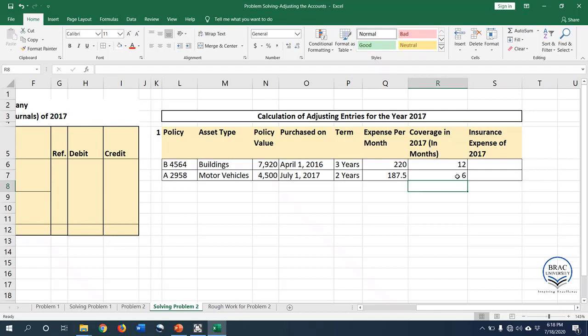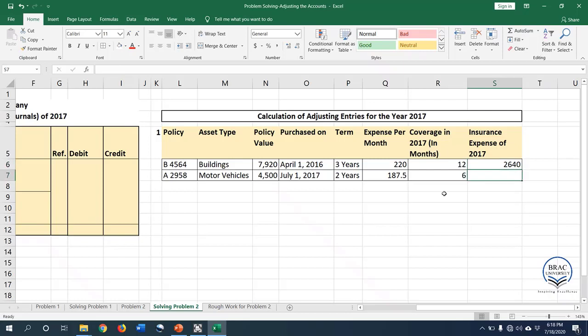Now everything is so simple. Now you know the insurance expense per month for policy B: this 220. And how many months of this year does it cover? 12. So 220 into 12. This should be the insurance expense for policy B. Very simple, right?